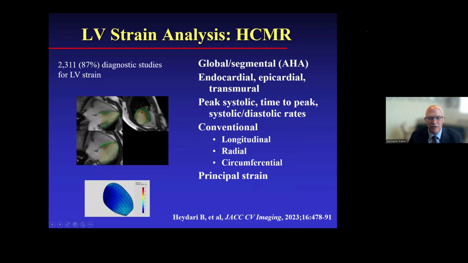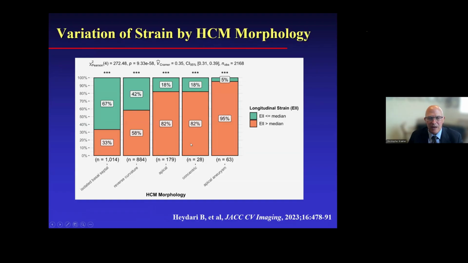Our findings were that the abnormalities in strain corresponded to the morphology of the underlying HCM; in orange are the more abnormal strain. The patients with mid-cavity obstruction with the apical aneurysm had the most abnormal strain. The patients with isolated basal septal hypertrophy had the least abnormal strain, with the other groups in the middle.